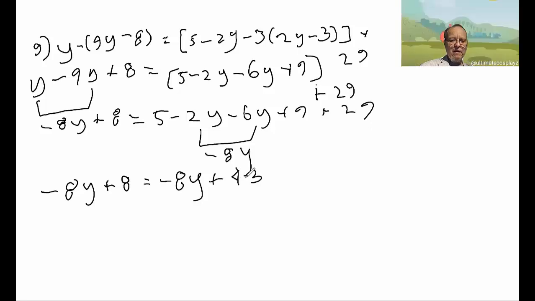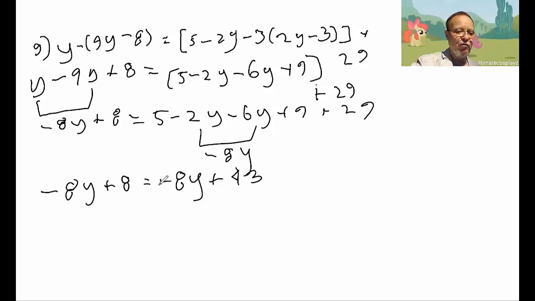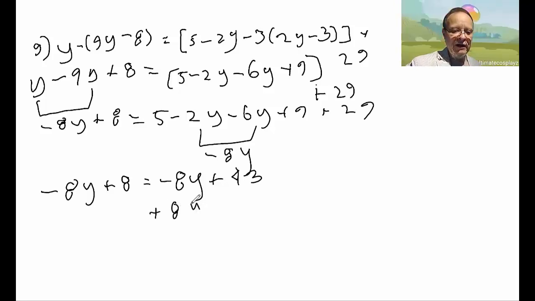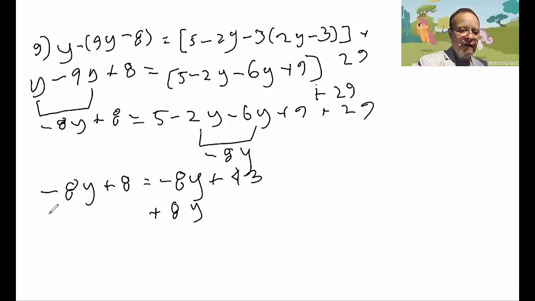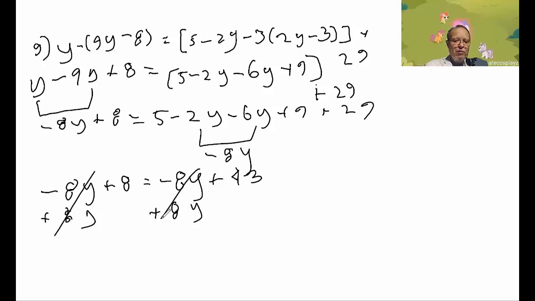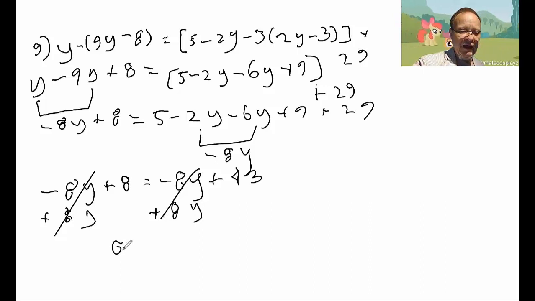43. And now we want to get, again, our variables on one side and our constants on the other. Now, in this case, it doesn't really matter. No matter what we do, our variable will cancel out, and we'll end up with 8 is equal to 43.